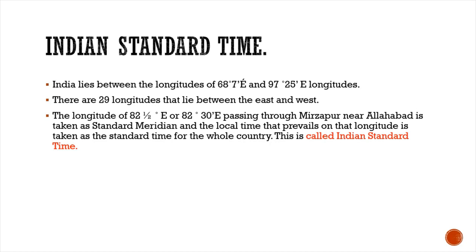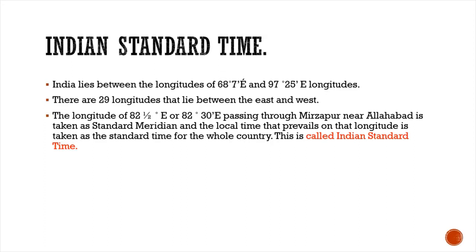When it comes to India, it lies between the longitudes of 68 degrees 7 minutes east and 97 degrees 25 minutes east. So, there are around 29 longitudes that lie between the east and the west.